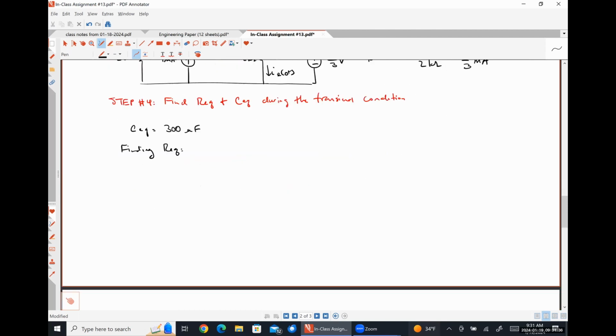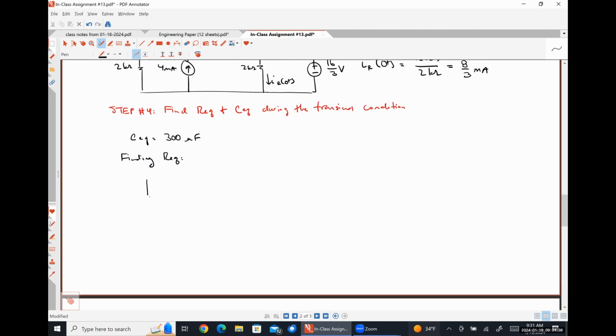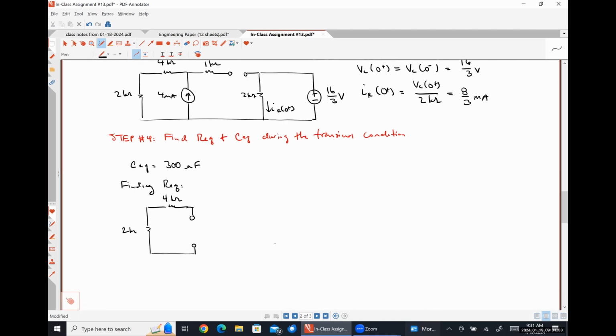So here's my 2 kilo ohm resistor on the left, my 4 kilo ohm resistor. I turn off my current source by replacing it with an open circuit. Here's my 1 kilo ohm resistor.